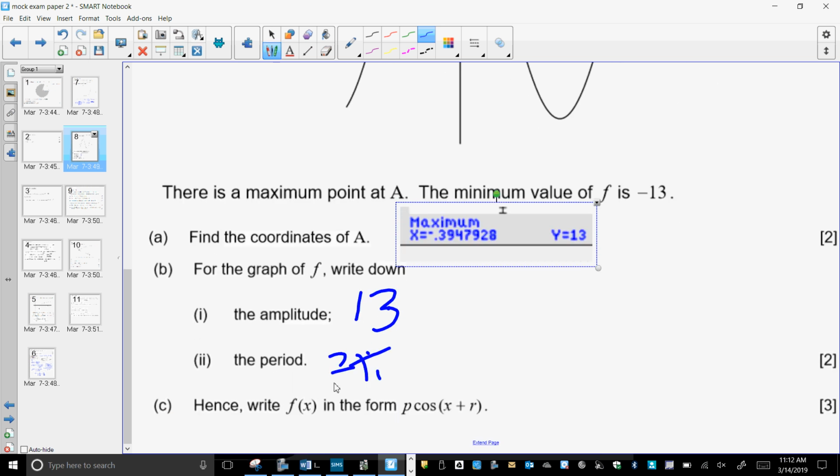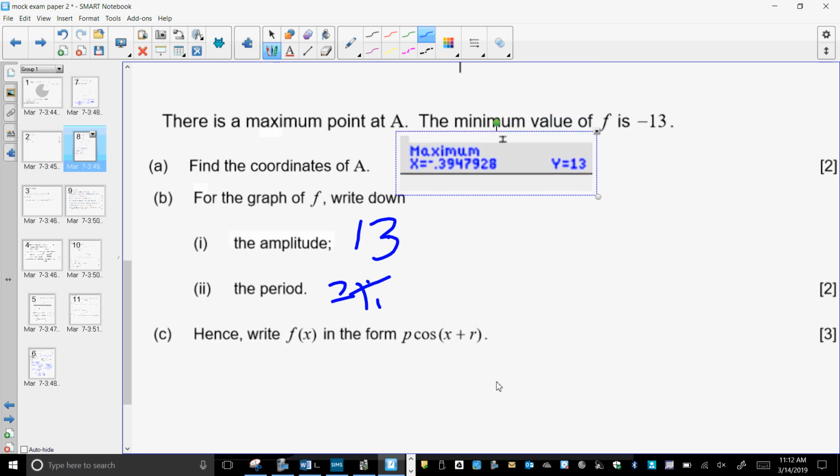Hence write it in the form P cos x plus r. So P tells us our amplitude, so that's 13. Cos, and then x plus r, so x, and then the plus tells us our horizontal shift.